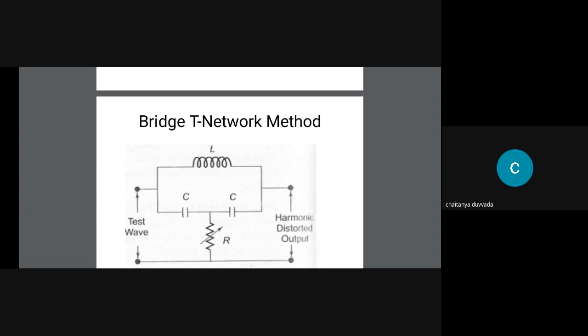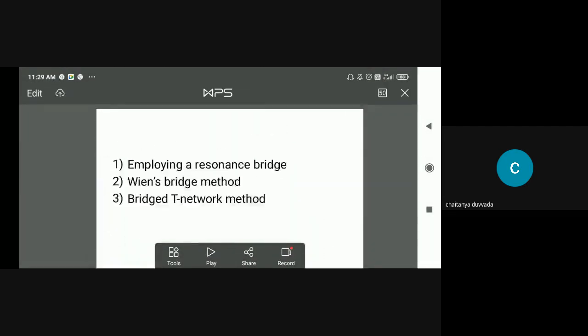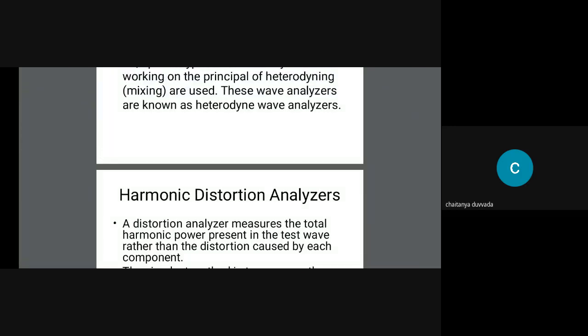By using these three methods only, we find the harmonic distortion. Once again, I will give an overview of this topic. So okay, students, this is the harmonic distortion analyzer. Why do we use a harmonic distortion analyzer?